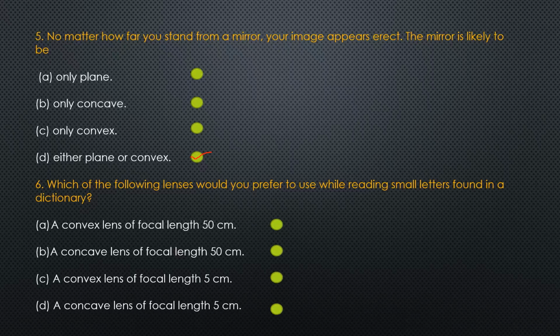So we know that when object is placed between optical center and focus of a convex lens, then it will form a virtual, erect and magnified image. So out of these, the correct answer is C. Convex lens is preferred and it should be of small focal length. Smaller the focal length, larger will be the magnification produced.